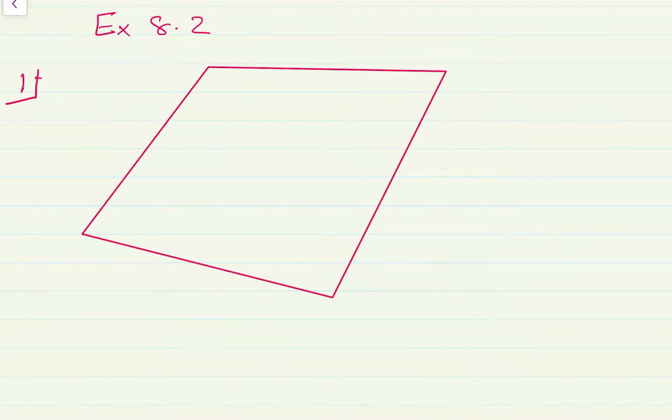Exercise 8.2, question number 1. We have a quadrilateral and these are the midpoints of the quadrilateral.